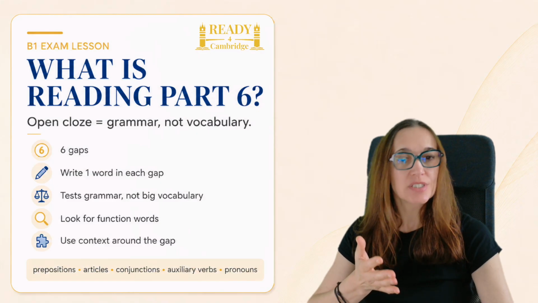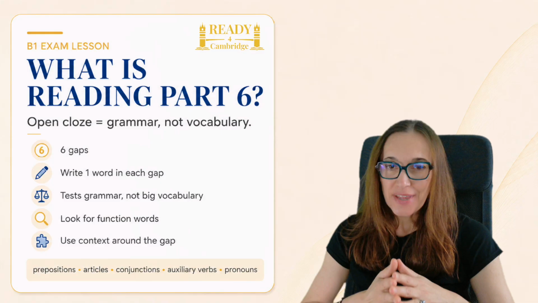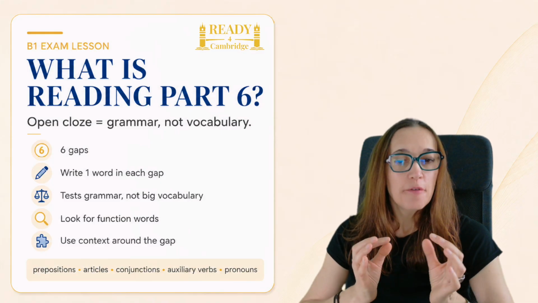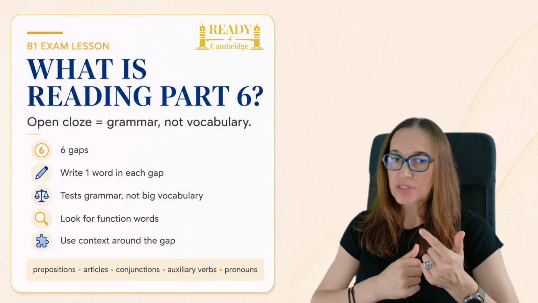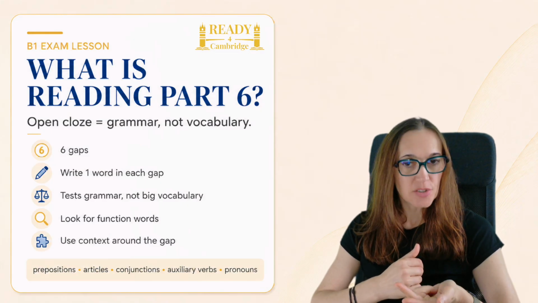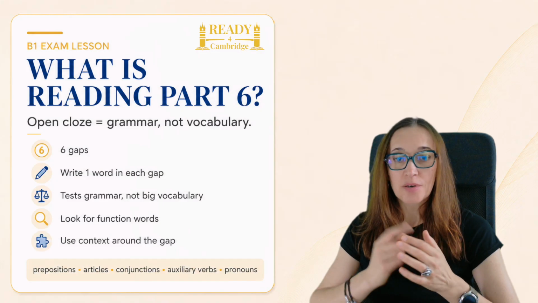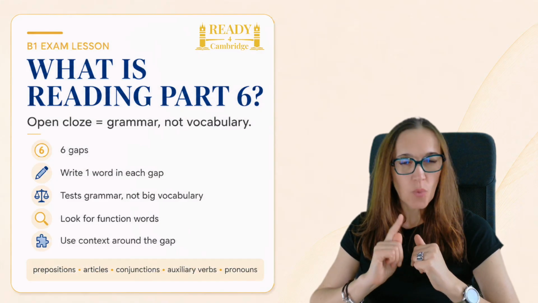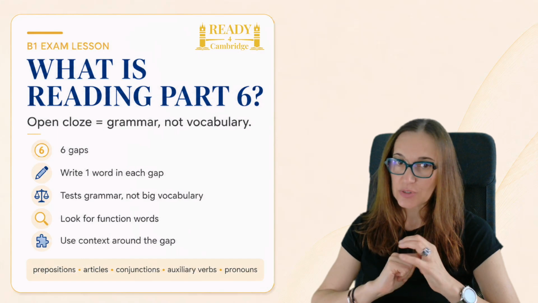The missing words are not difficult nouns or adjectives. They are what we call function words. Things like prepositions, articles, conjunctions, auxiliary verbs, modal verbs, relative pronouns, quantifiers, and there is one left, determiners.